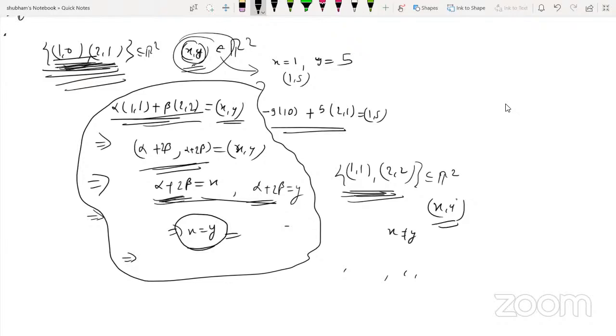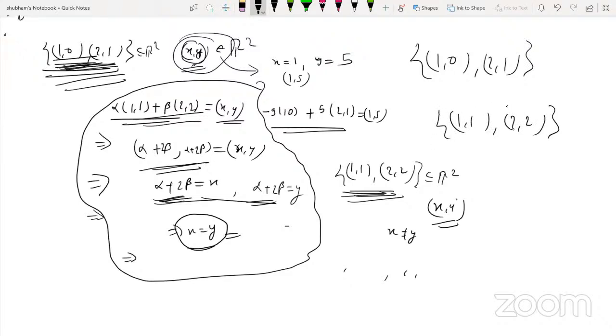We took two cases differently: (2,1) and (1,0) as one set, and another set. One by one we checked and found that this generates the whole R2, but this does not. The span of the first is equal to R2, but the span of this one is not equal to R2.